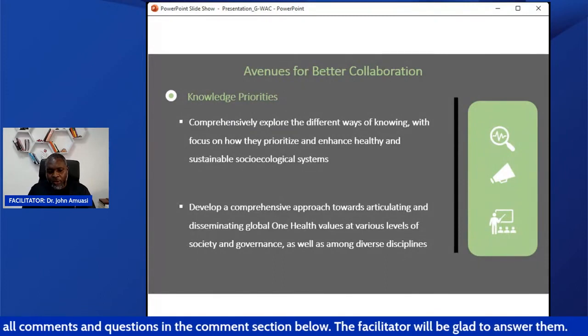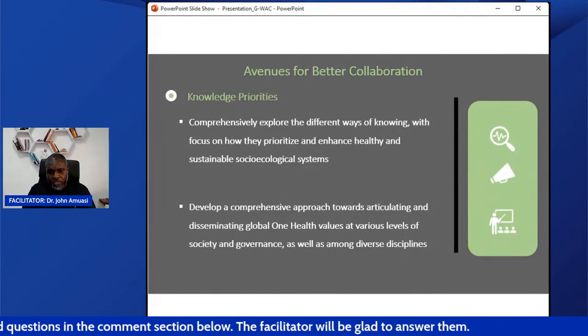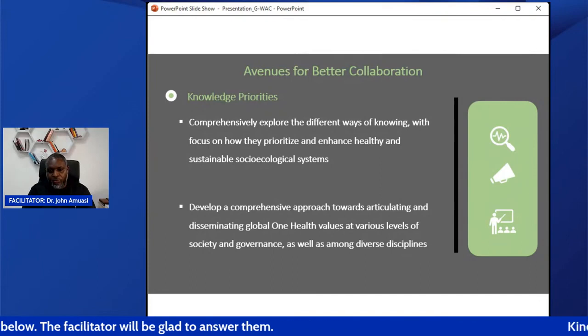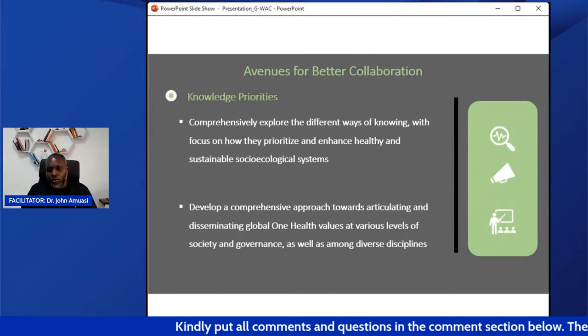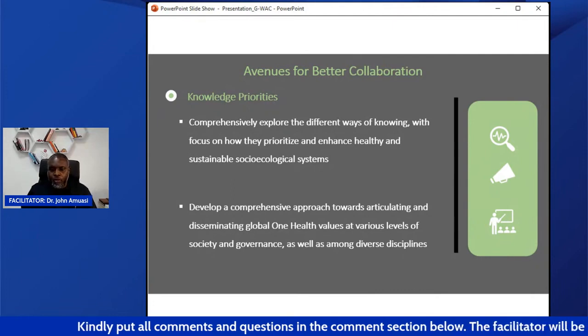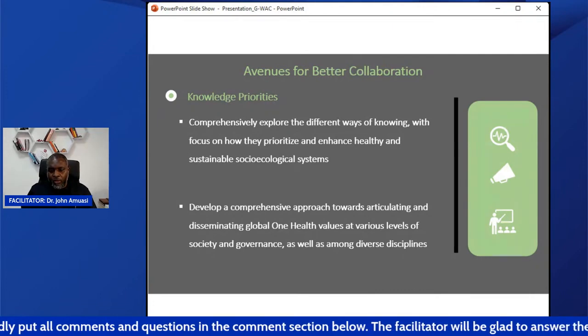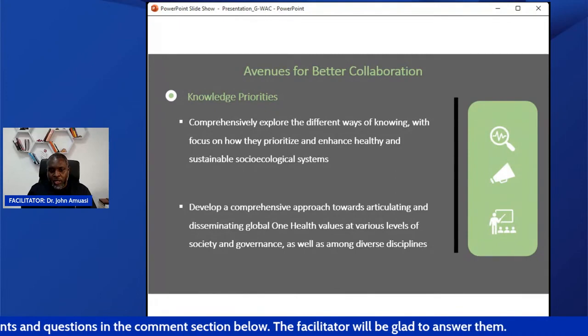And so we strongly encourage this teaching of One Health and the concepts of One Health, not only at the tertiary level, but at the secondary and even at the primary level, as a decisive measure towards improving the culture of collaboration around One Health and around global health.